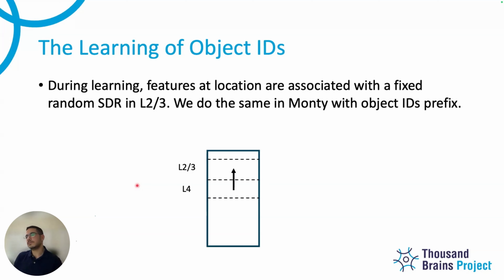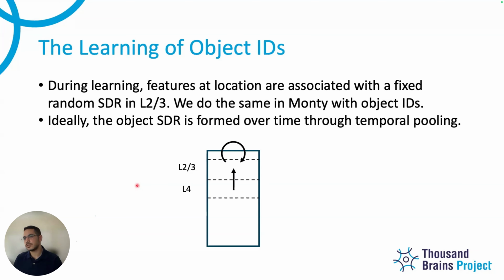So what I'm going to argue is that ideally we want this object SDR to be formed over time through temporal pooling, where the object SDR itself is not fixed beforehand. Rather than assigned, we want to learn it from the features at locations. This is a topic that we may not all have consensus on, but this is how I'm thinking about object. This is going back to SDRs having semantic meaning.